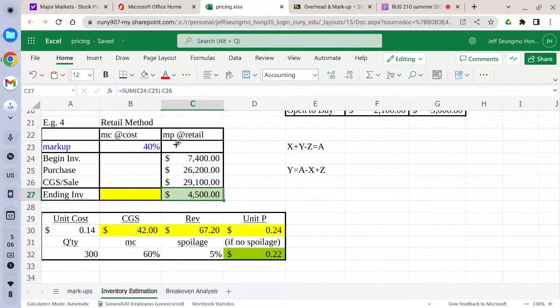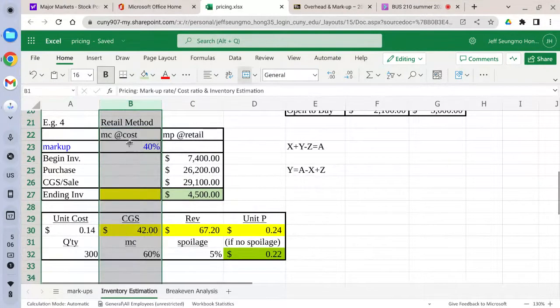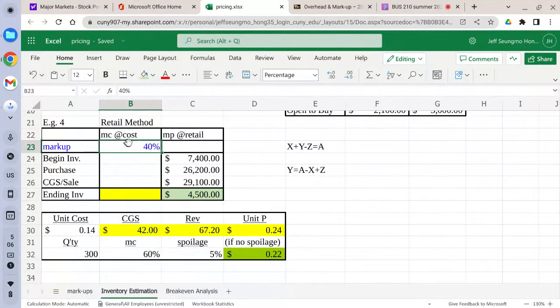You see, there are two columns. This column is for cost, so the markup rate based on cost, I put it here. If I had put it here, that would mean the markup rate based on price. But it is put here. So what should the ending inventory be?